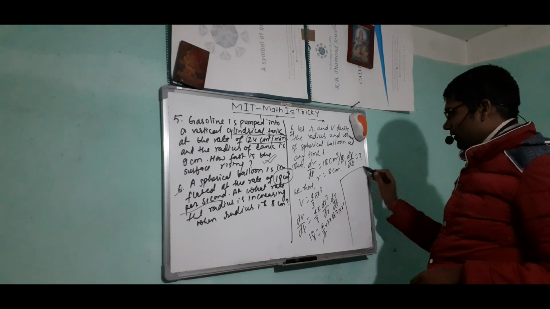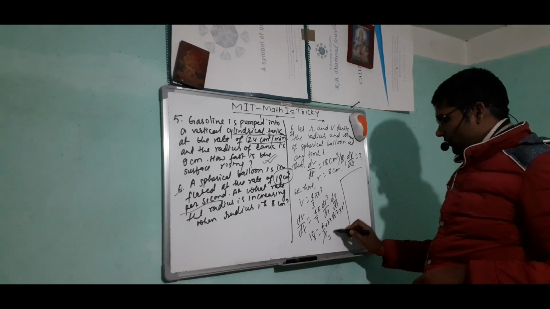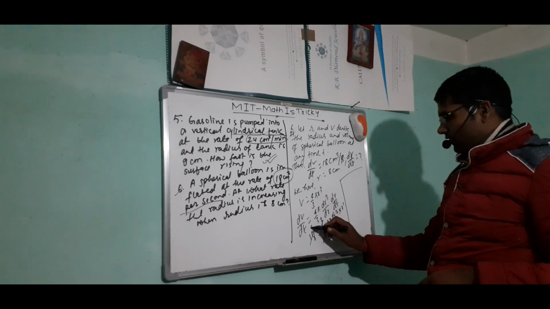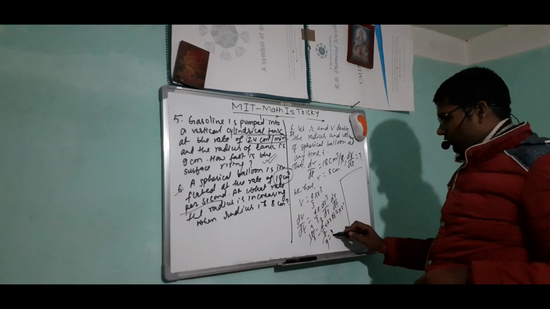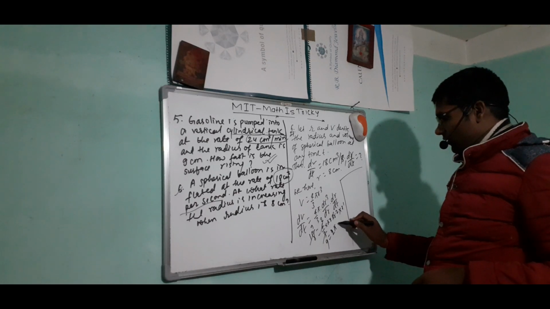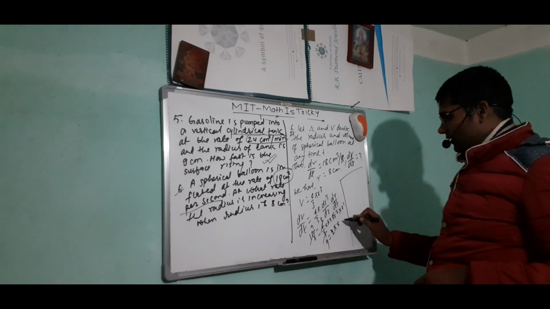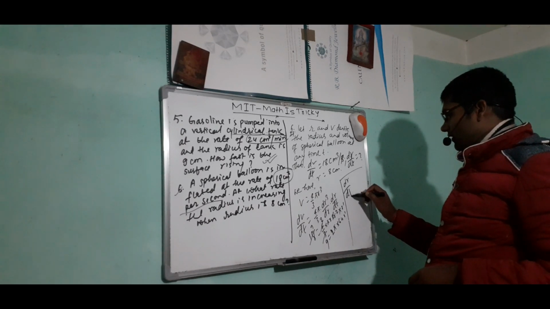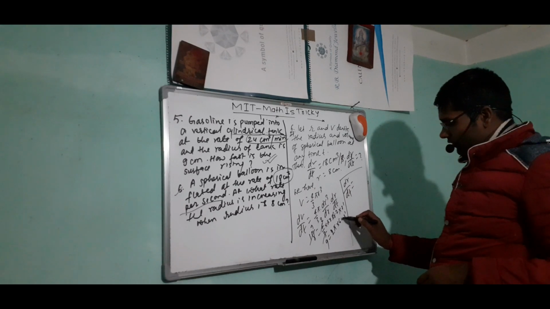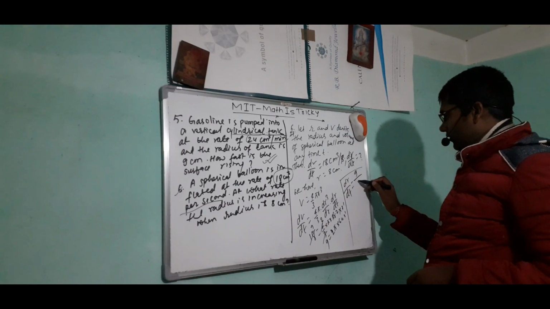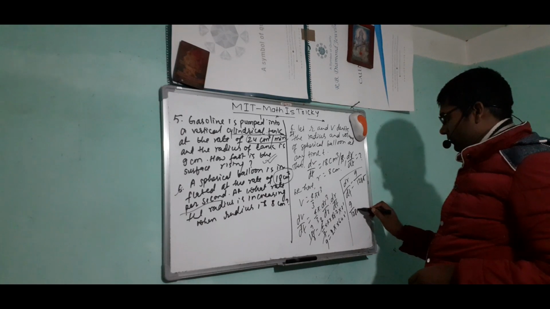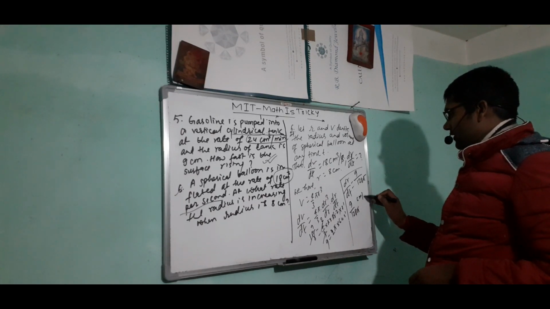This is what we are going to find. If you simplify, 18 equals 4 pi times 64 r dash, that means dr by dt will be 9 by 128 pi cm per second.